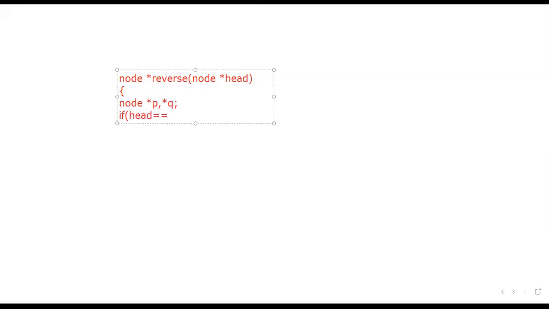if head equals to null, return, otherwise p equals to head.